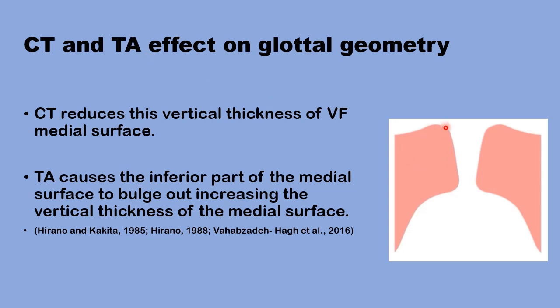It would increase the vertical thickness of the vocal fold medial edge and also help in the medial bulge of the inferior part of the vocal fold medial edge during phonation. The action of the thyroarytenoideus here would help with a better and a longer contact mode of the two vocal folds, whereas thinning and stretching of the vocal fold edges by the cricothyroid would do the opposite.